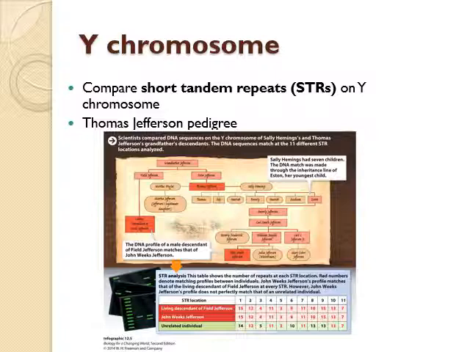It does prove that it was a male in Jefferson's family. So it's possible that Thomas Jefferson's brother could have fathered these children with Sally Hemings. But with the dates and times and everything else going on, they've pretty much said, yeah, for sure this was Thomas Jefferson.